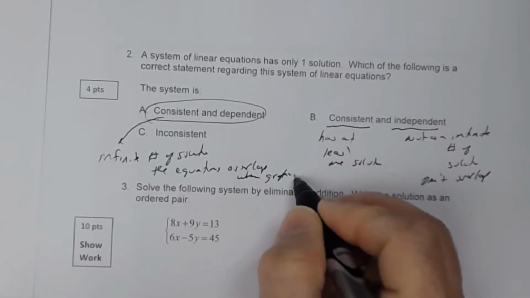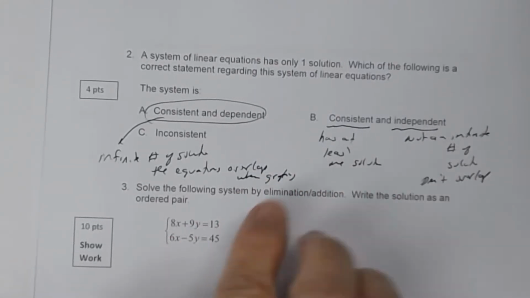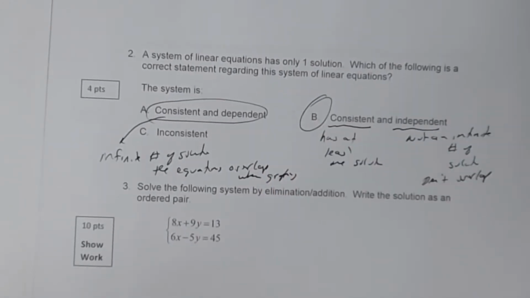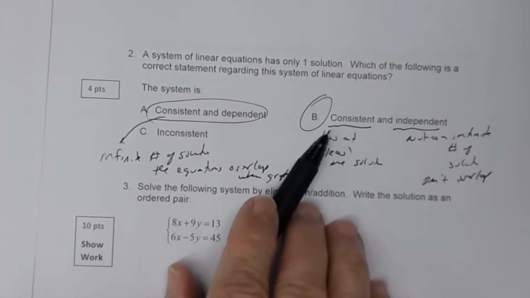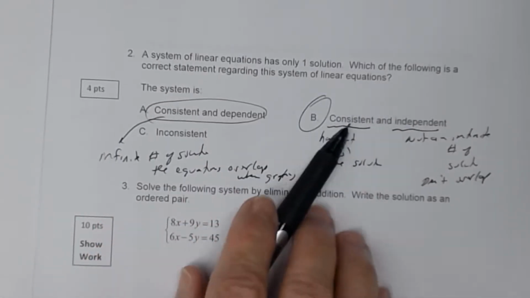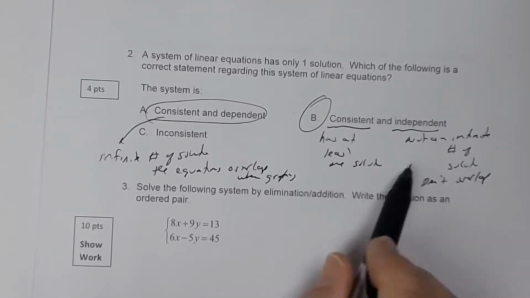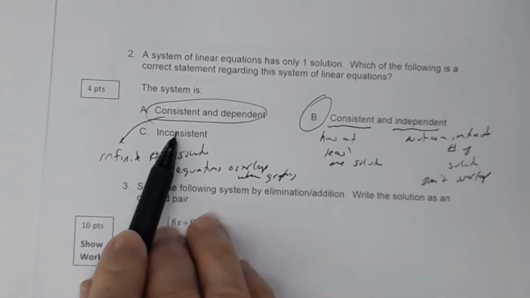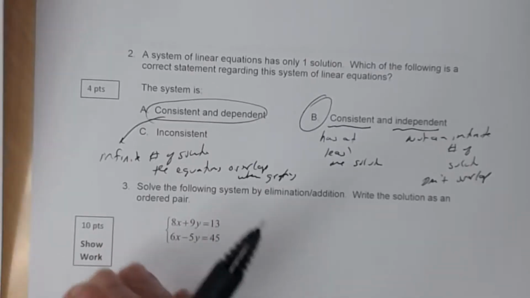Okay, so that's the difference between these two. But the answer is B, though. The answer is B. All right, so if it has one solution, not an infinite, but one solution, it is consistent and independent, and the equations are independent of each other. Inconsistent, remember, means that there's no solution. All right, so the answer is B for that one.